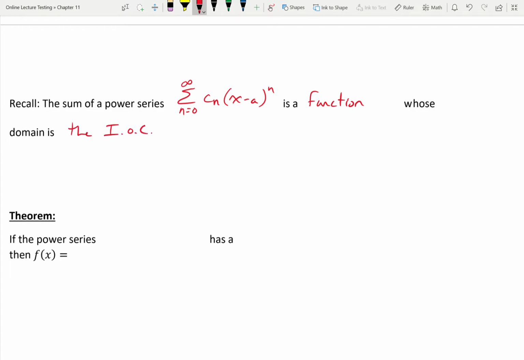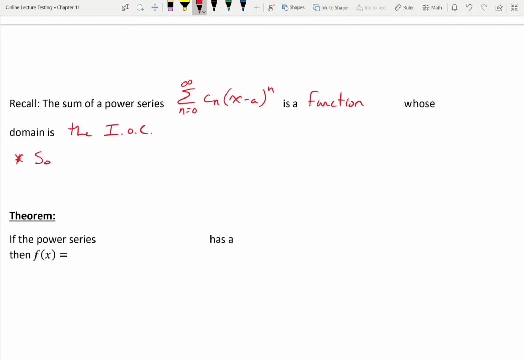Okay? So why I'm recalling this is if we know a function is defined on a certain interval, that means we're able to differentiate it on that interval, provided that there's no sharp points and everything like that. Well, think about this. We're dealing with polynomials in a sense, right?